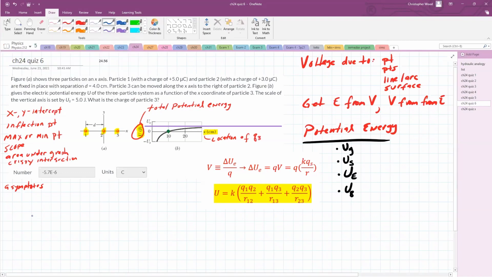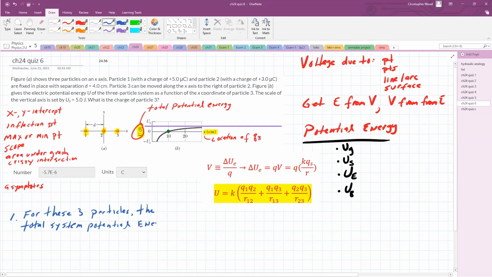All right, so number one, for these three particles, the total system potential energy, and again, potential to do what?